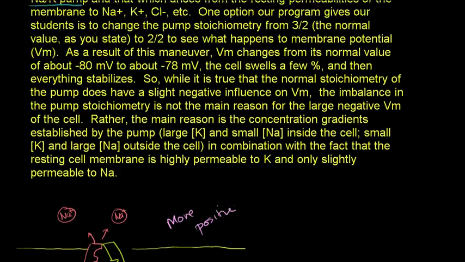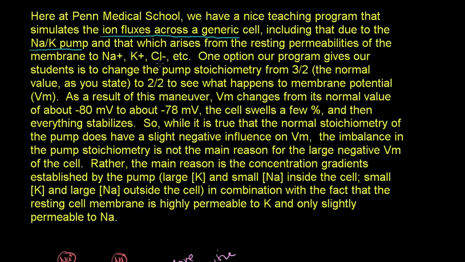We'll talk more about that in a second. The resting permeabilities of the membrane to sodium, potassium, chloride, etc. One option our program gives students is to change the pump stoichiometry from 3 to 2. He's just talking about changing the ratio, so they change it from 3 to 2 to 2 to 2.